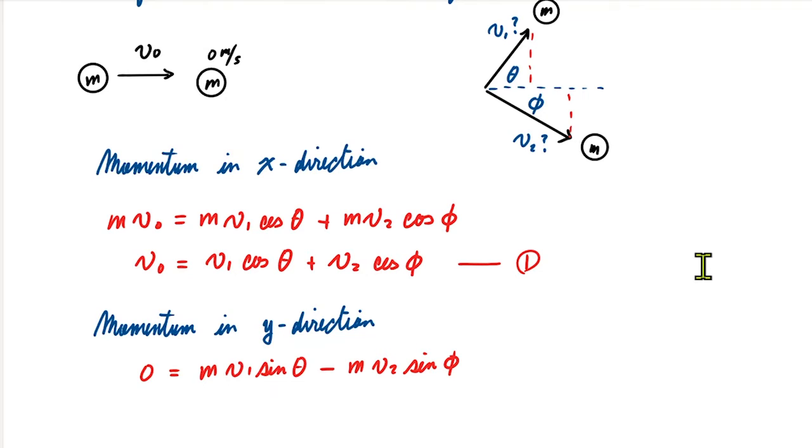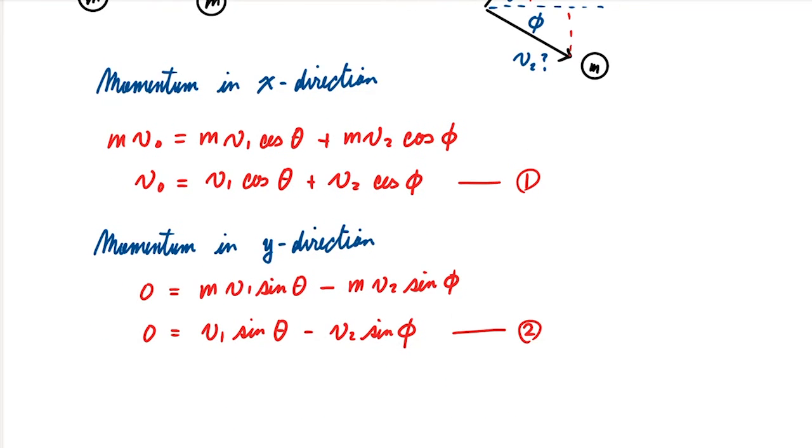Dividing by m, it only works if the masses are equal, right? We are looking at billiard balls, which are identical. So you have v1 sine theta minus v2 sine phi. I'm going to call this equation 2.